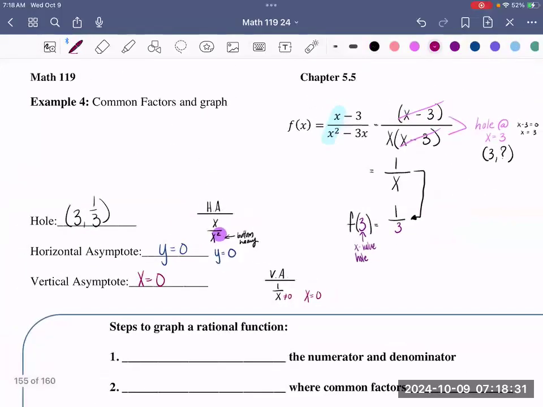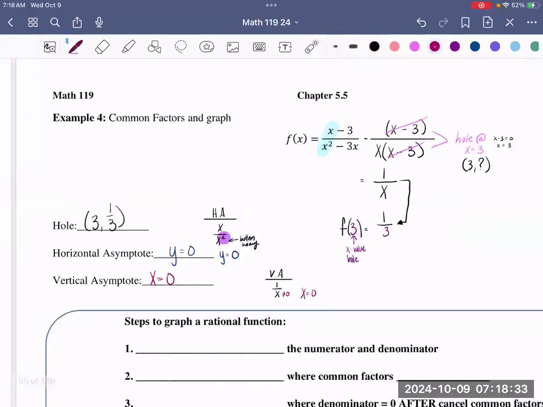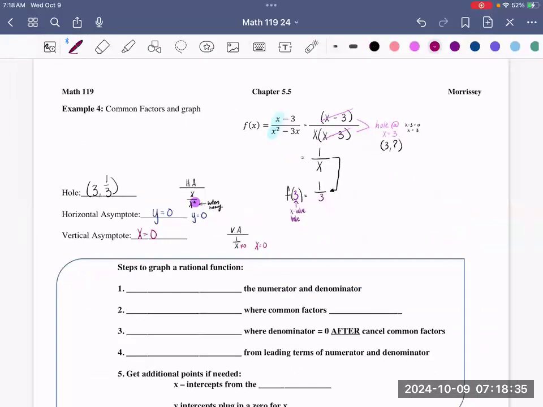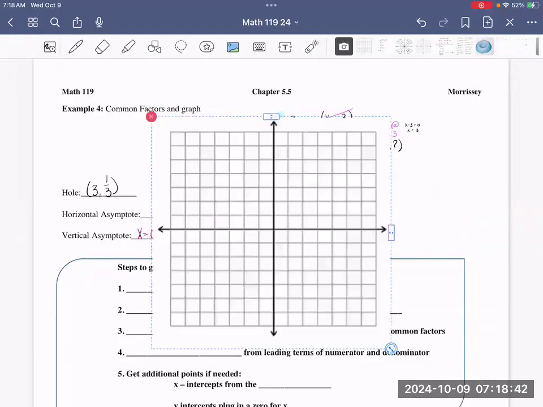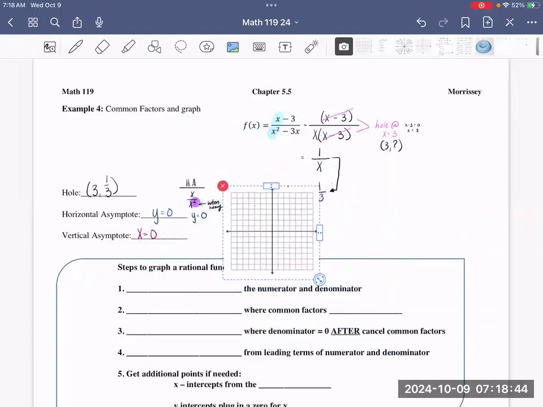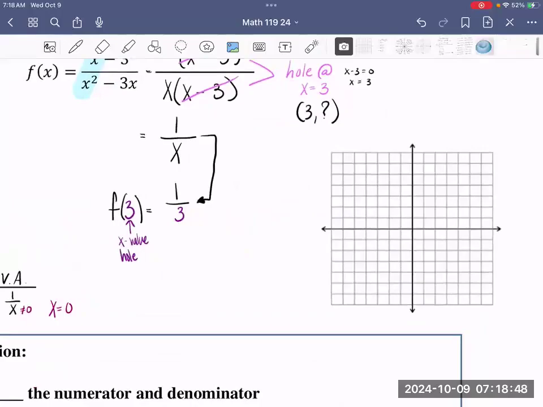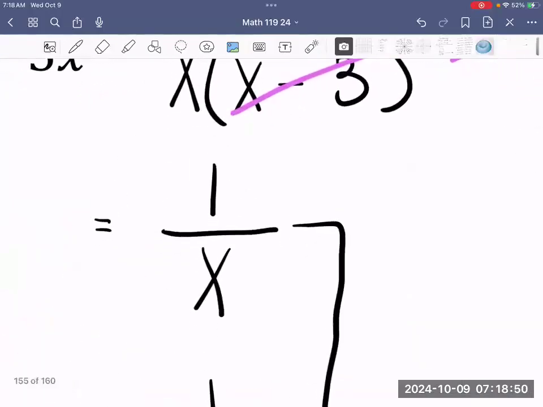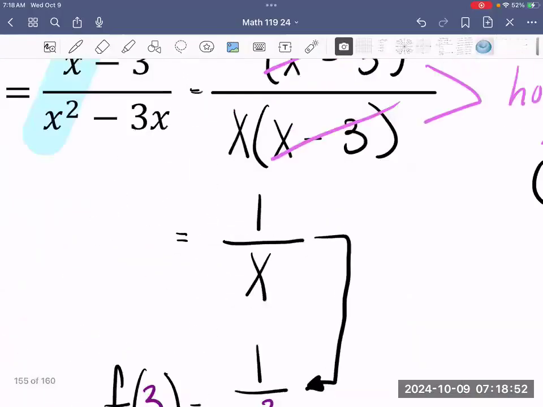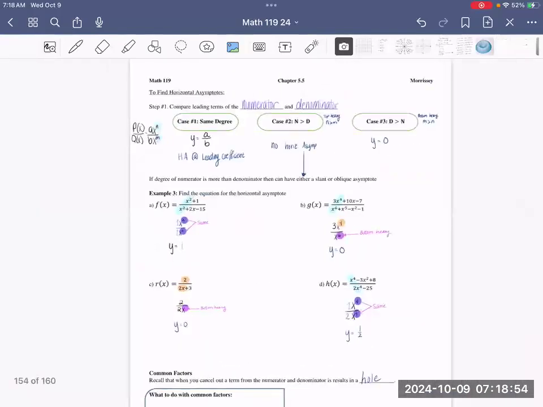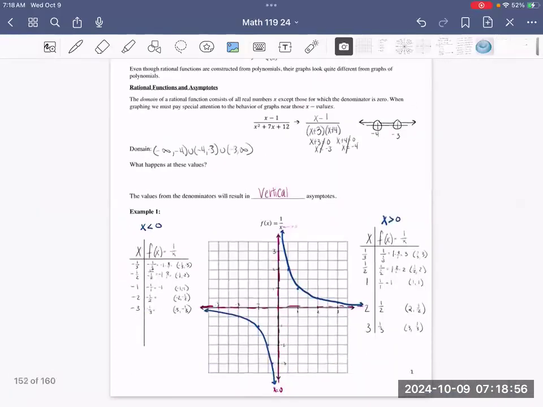Now, we haven't graphed one of these quite yet, but let's give it a quick graph. We'll do something like this. Did we graph 1 over x already? Yes, we graphed it over here.